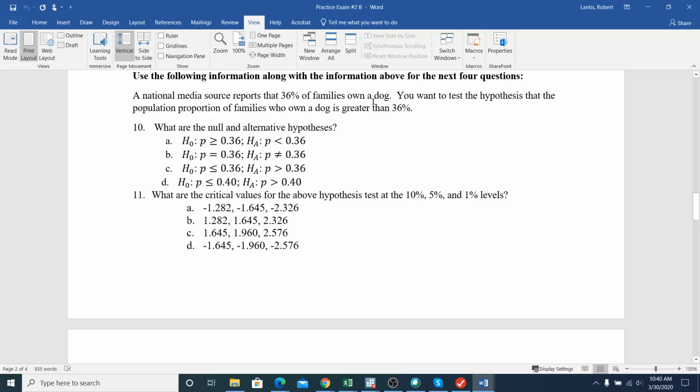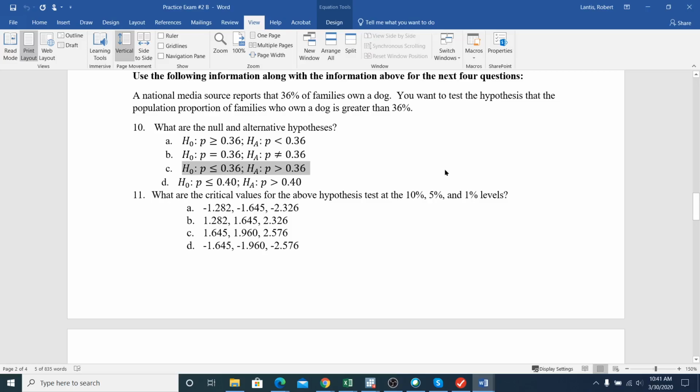So that's your alternative hypothesis. That's what you want to test for. So you go down here, your alternative hypothesis is that the proportion is greater than 0.36. You assume the opposite is true for the null hypothesis, so less than or equal to 0.36. And this will be our null and alternative hypothesis here.